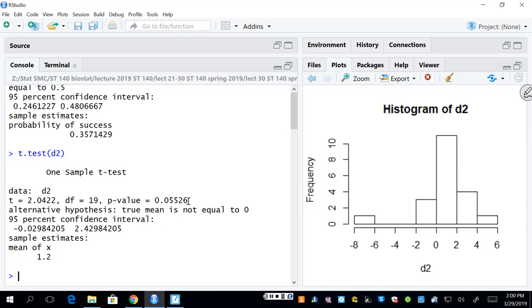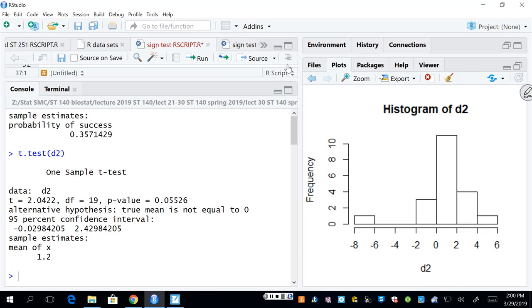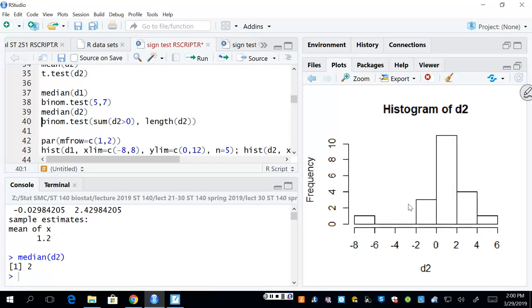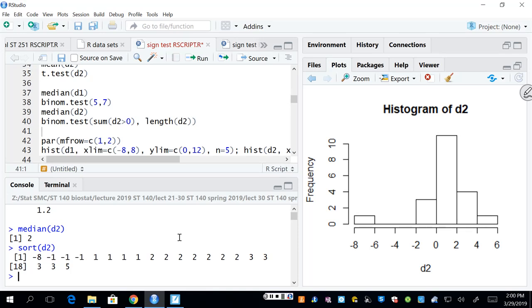However, what about our sign test, this median test in this case? The median of these is actually 2. Not that we had to know that exactly. But out of these, let's sort the D2 values. Out of these 18, 19, 20 of them, just 4 are negative.